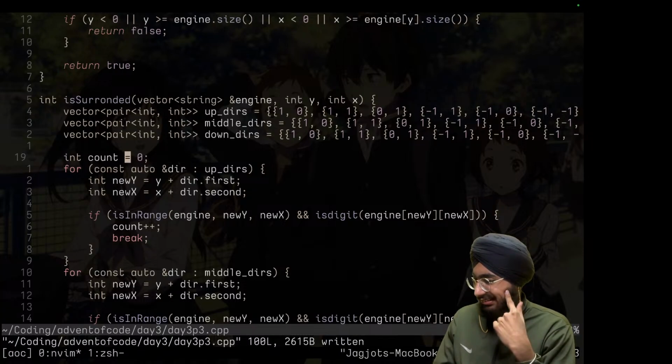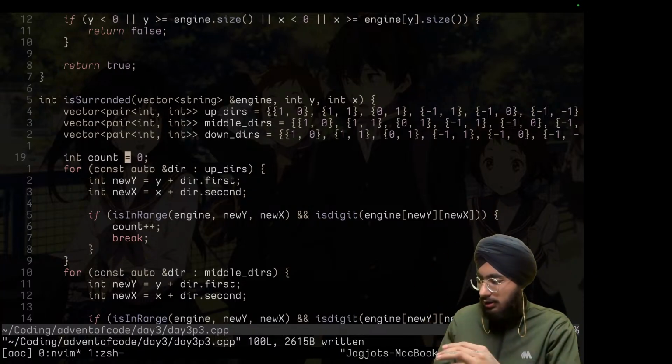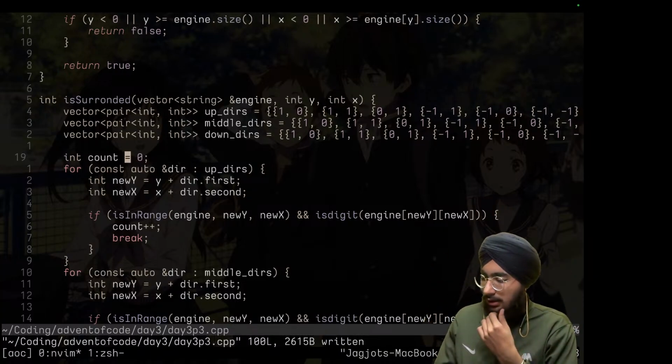How are we gonna do that? Storing X and Y positions and returning them. Then we're gonna get a list of X and Y positions wherever the digits were.